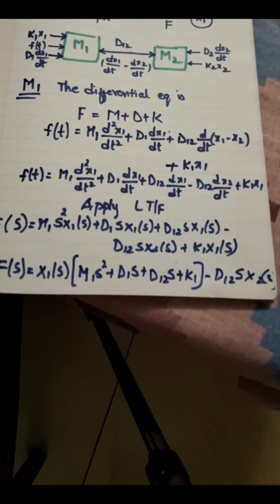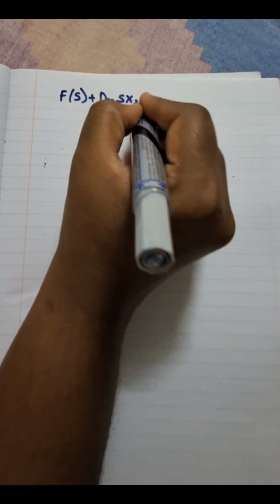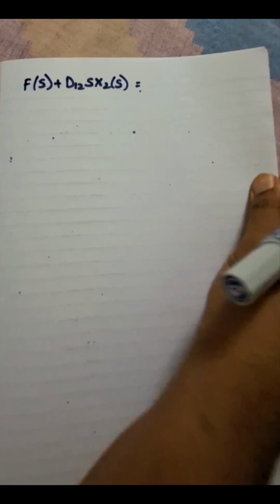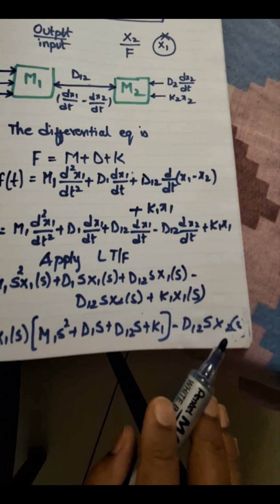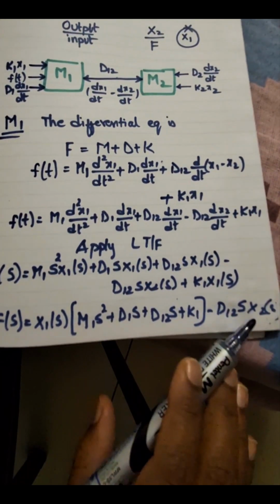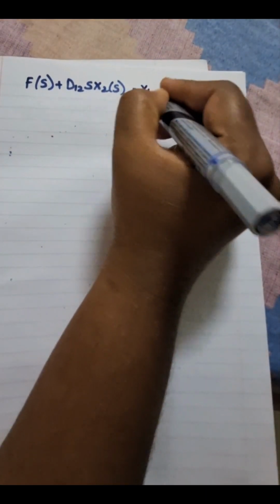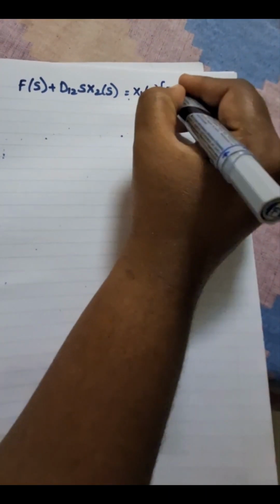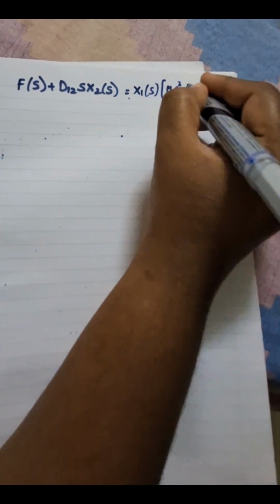Now F of s plus d12 s X2 of s is equal to, why did I write it like this? Because in this equation this term is about x2. I want something for x1, so I am sending x2 to this side. So this is equal to X1 of s times m1 s square plus d1 s plus d12 s plus k1.